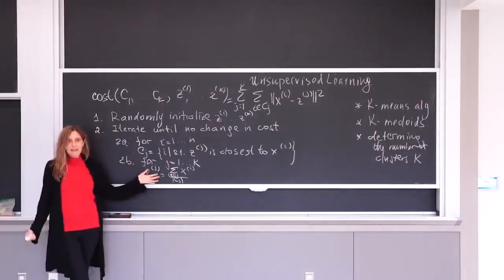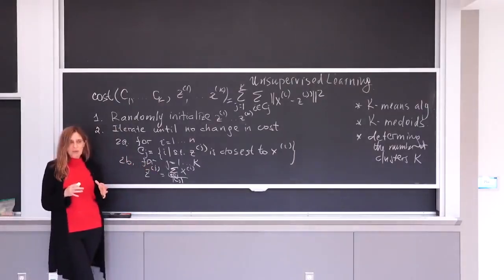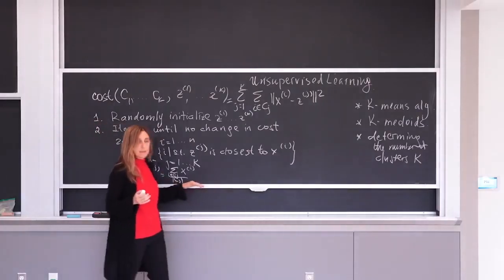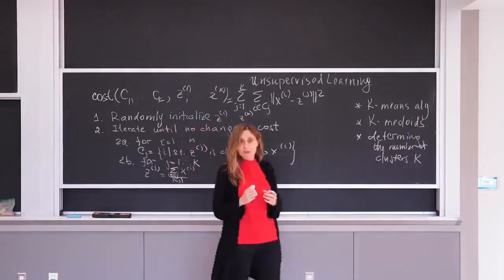So we summed over all the points and divided by the size of the partitioning. It's like an average of all the points.